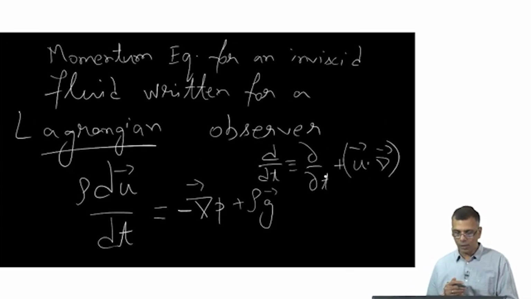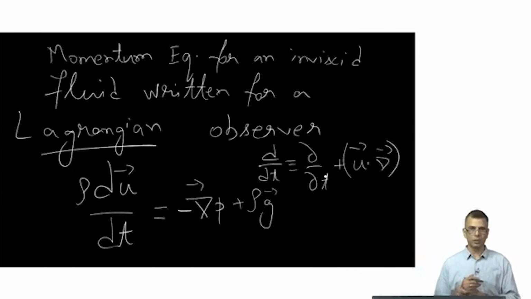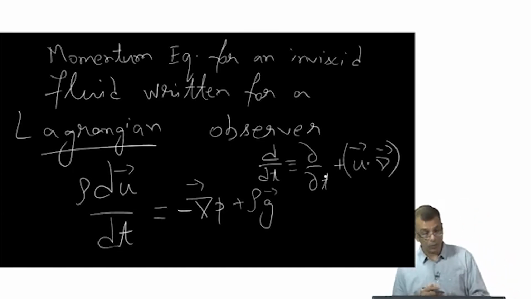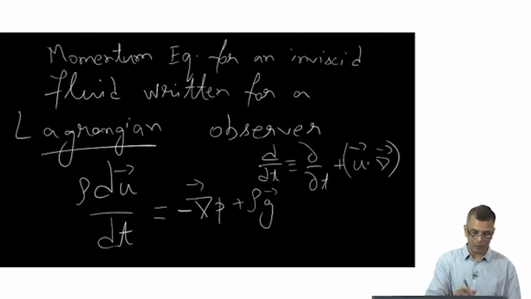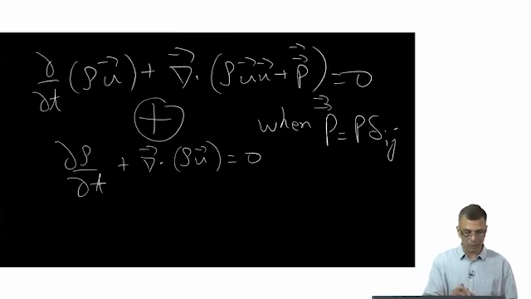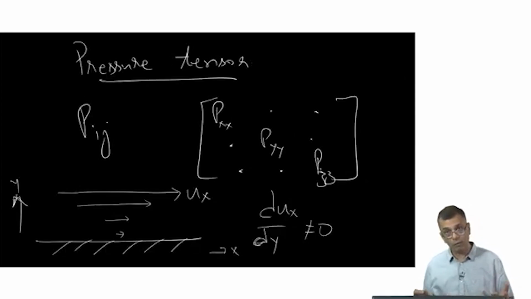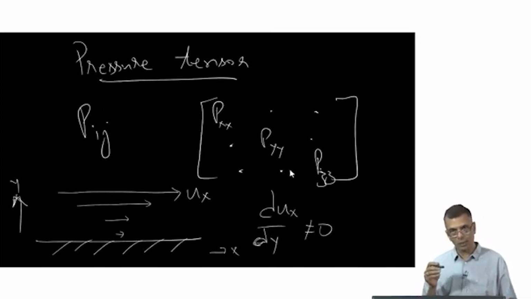So what we have done now is look at the momentum equation when we really started in full generality. We did include viscous effects when we wrote down the momentum equation like this. Viscous effects are important when the off-diagonal terms of the pressure tensor are non-zero.